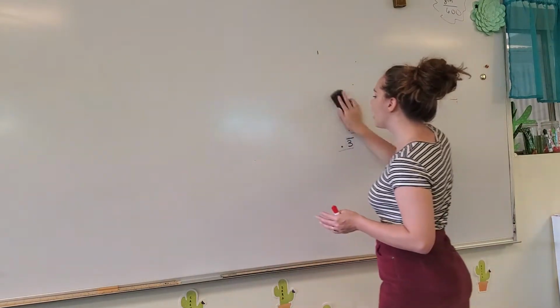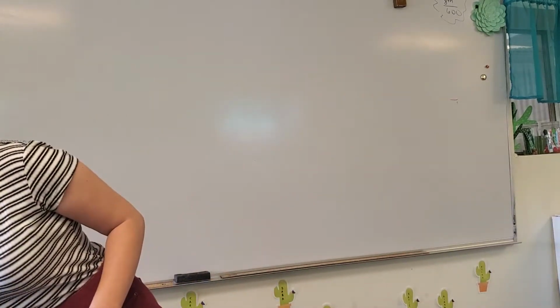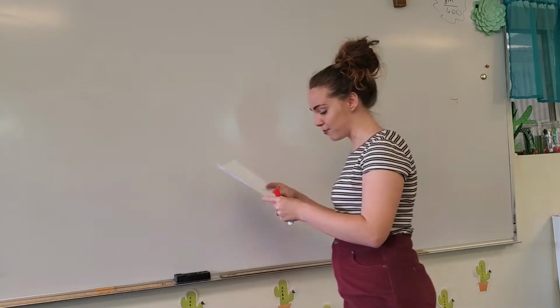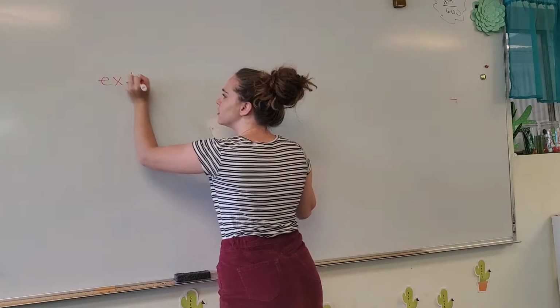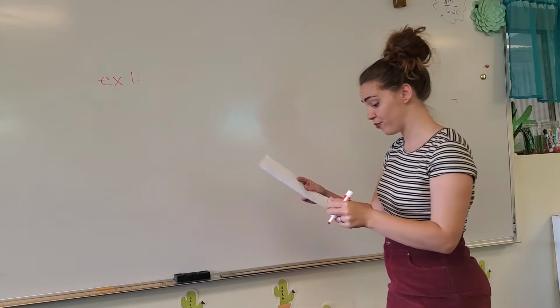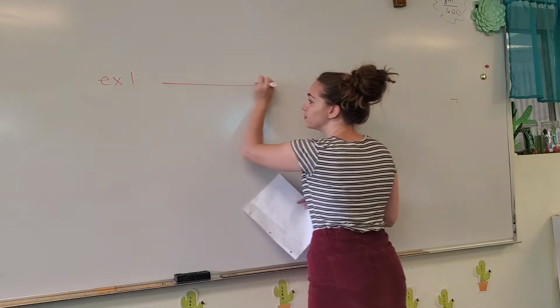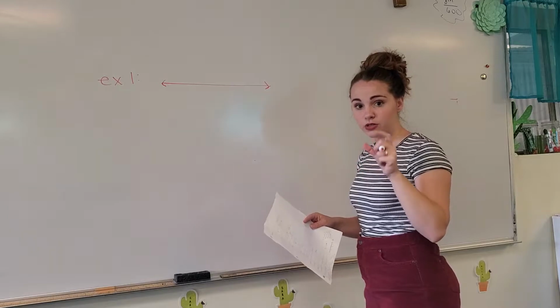There's only a couple of examples on here. Let me grab my example paper. Example 1 says, graph integers less than 4. So here we go. Integers are only represented by those numbers.